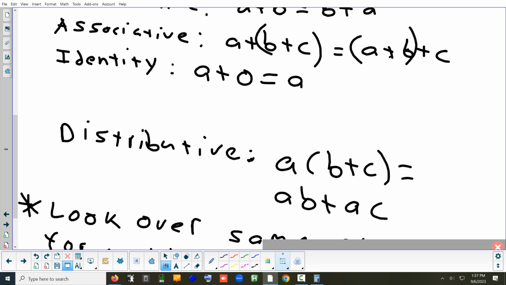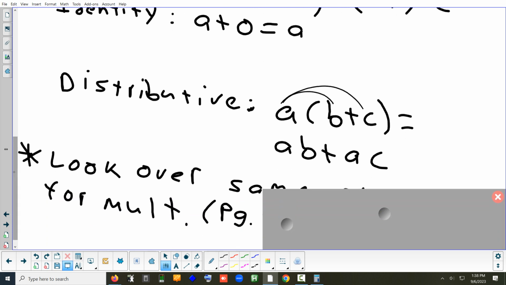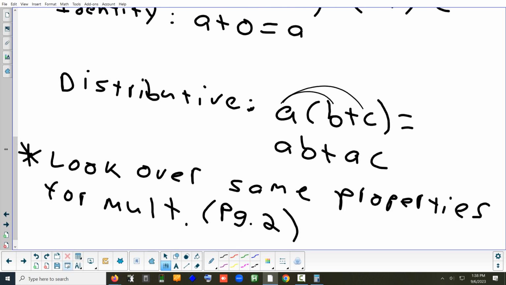I'm just showing it to you with a plus. And the idea with distributive property is you're multiplying out A times B, and then A times C. Now, I kind of went through this with you as we explained the properties, but a lot of these properties also apply to multiplication.